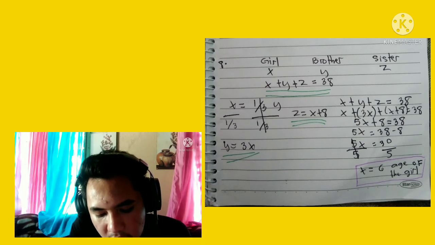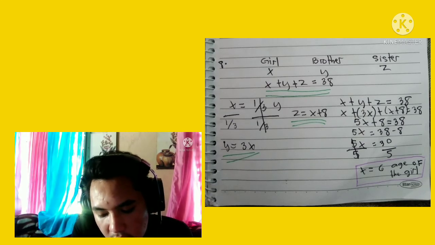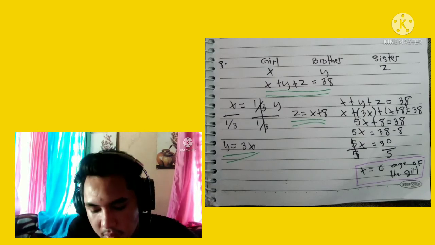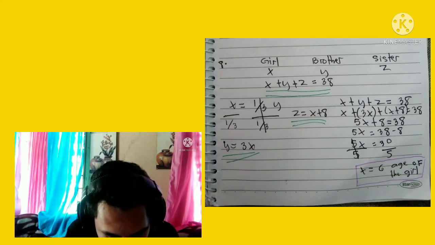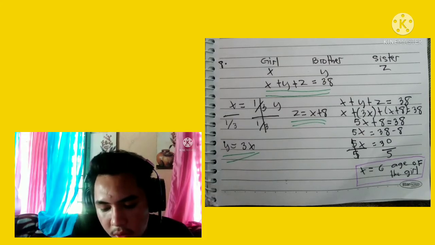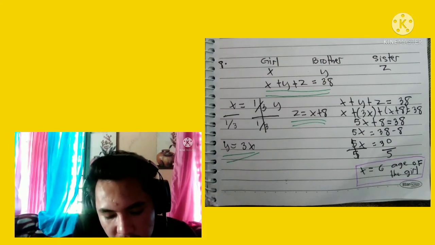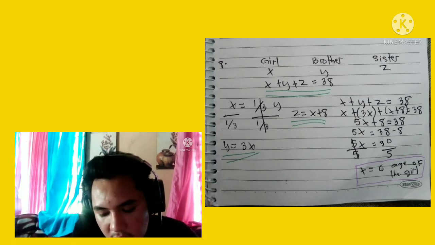So x plus 8. So this is our z. So now we can substitute our x, our y, and our z.